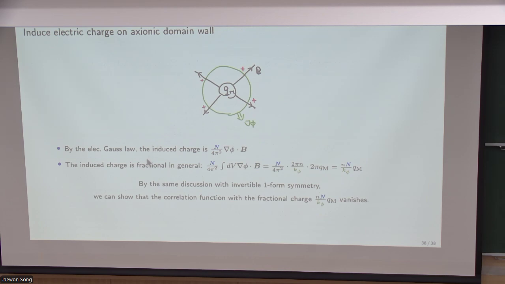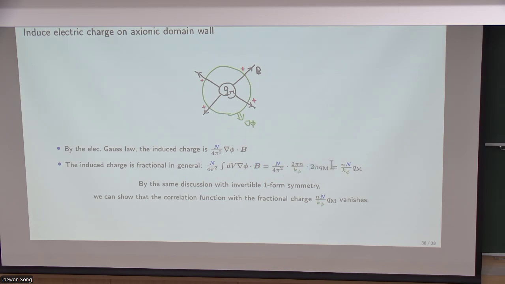By the Gauss law, the induced charge is identified as this. And in the presence of the axionic domain wall and the magnetic monopole, the induced charge is fractional in general. The gradient of the axion is 2 pi n over k phi, and the magnetic flux is 2 pi qm.